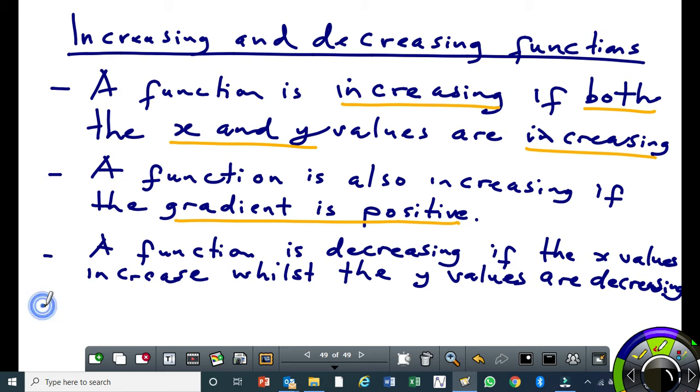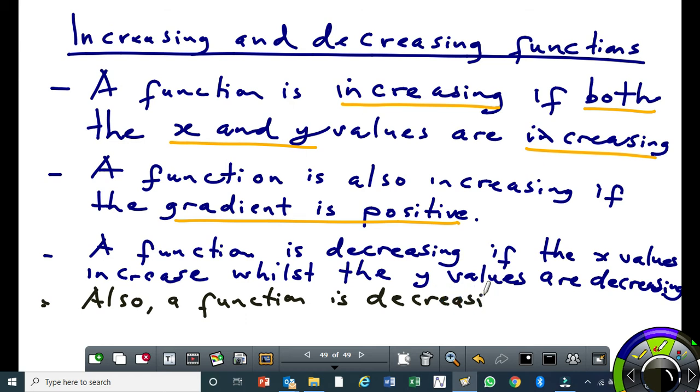Also, the function is decreasing if the gradient is negative.